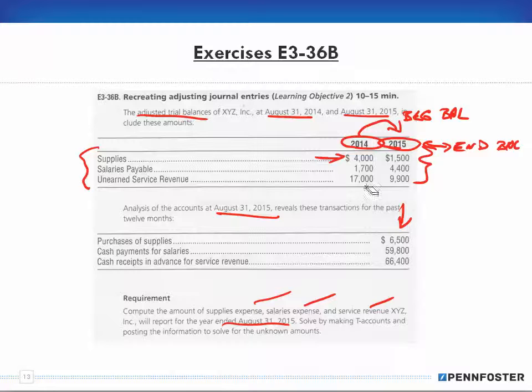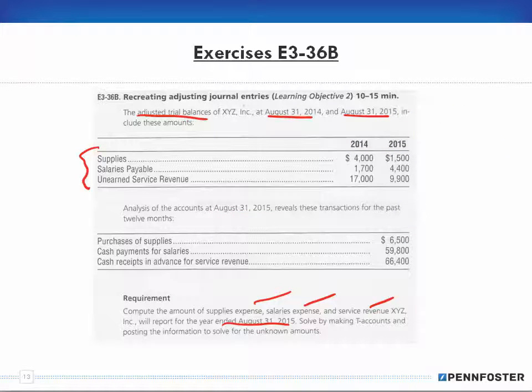Just to take a quick step back, let me erase this. We have ending balances for 2014, which become the beginning balances for 2015. And of course, these are ending balances. There's a difference between the two, obviously.